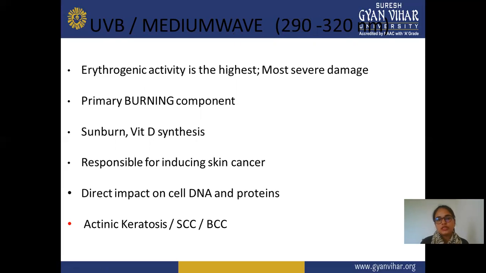And its erythrogenic activity is the highest. Most severe damage, meaning more erythrogenic activity is observed compared to A, and severe damage is also observed because it affects the outer, upper layer.